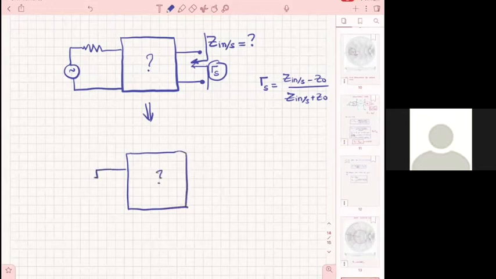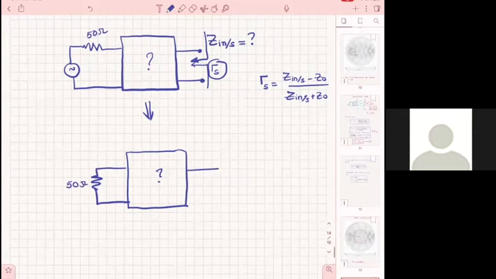So when it is terminated at 50 ohms, as this one is, I see here in front this impedance, Z in S. That's what I want to do. Do you agree with that statement?